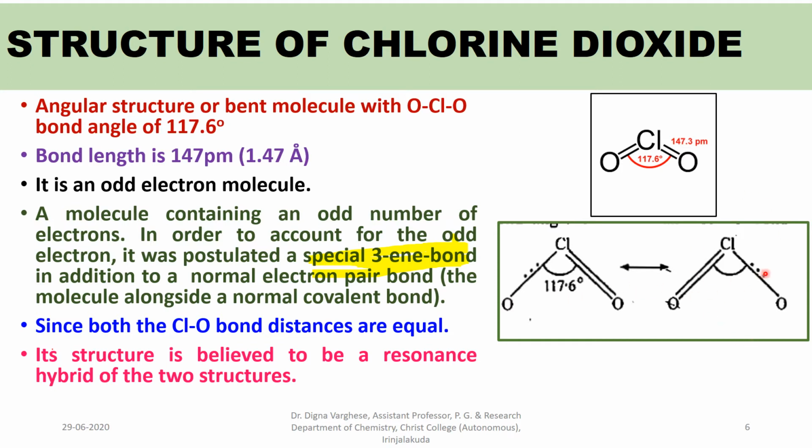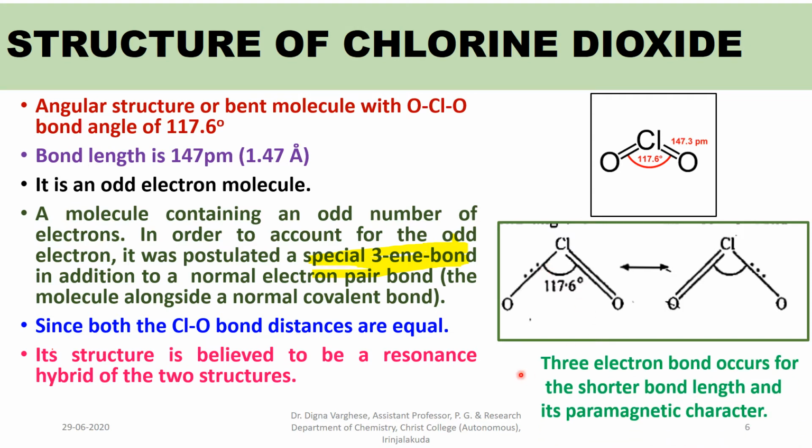So it's a resonance hybrid of the two structures, and the bond angle is 117.6 degrees and bond length is 147 picometer, and it has a 3-electron bond. One pair is for the normal covalent bond and the other is the odd electron for this molecule. The 3-electron bond accounts for the shorter bond length and its paramagnetic character. So the molecule is paramagnetic.